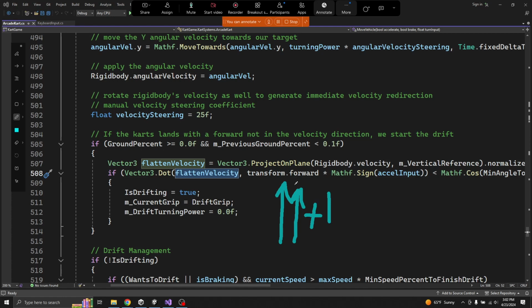And let's say our cart is pointing forward, our velocity is pointing forward, but we're holding back on the keyboard, right? So if we're holding back on this keyboard here, this will point in the back, but our velocity is still going forward, this is going to be a -1.